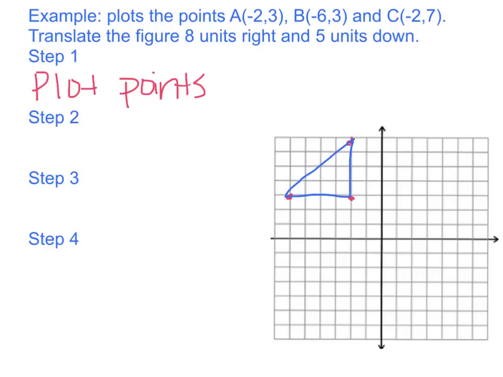And now we want to translate this figure 8 units to the right and 5 units down. So our second step is going to be to move 8 units to the right. So move your points.